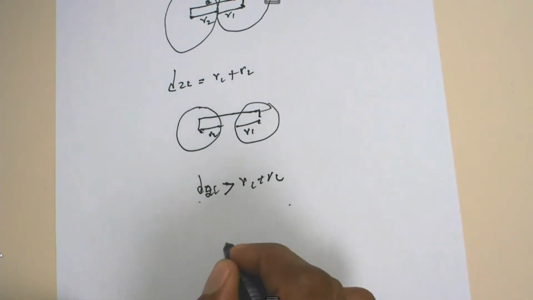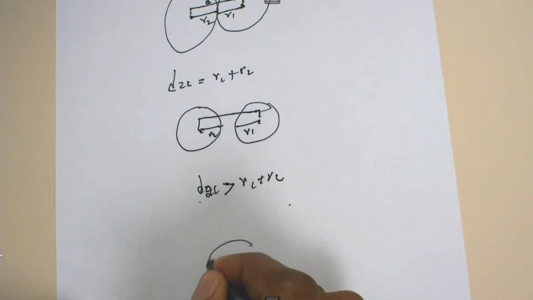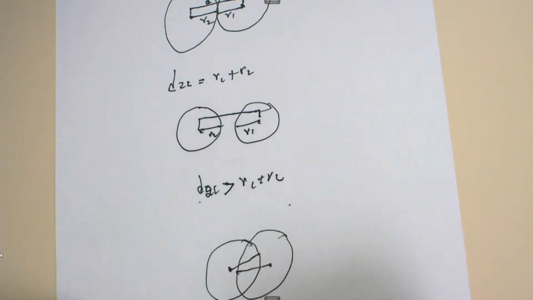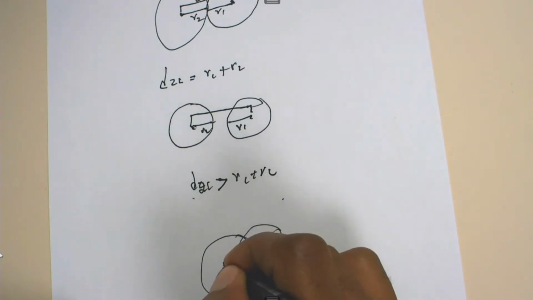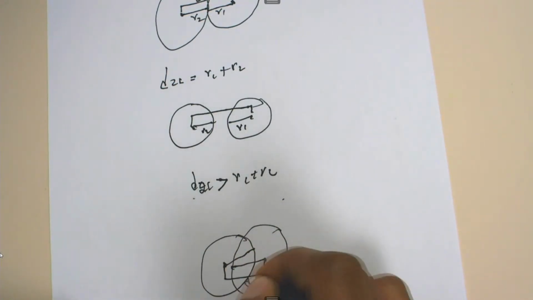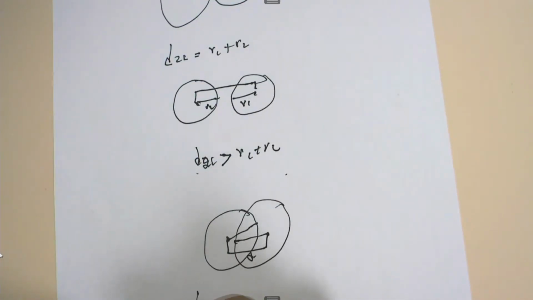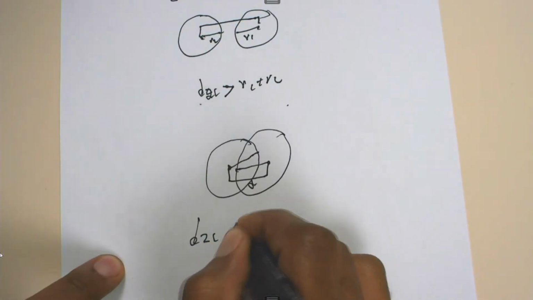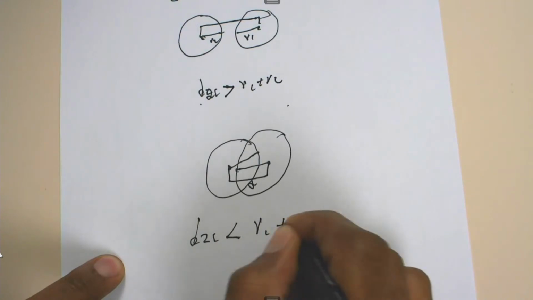Right, the last one is if they intersect at more than one point, then it's a situation whereby you will have something like this one here. A center here, and also a center here. Now what's going to happen here? We can see that the distance between the two centers will be less than R1 plus R2.